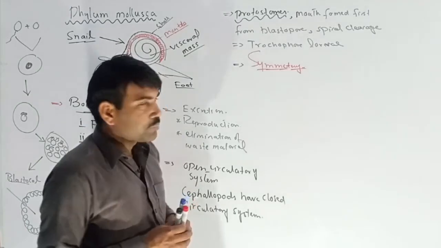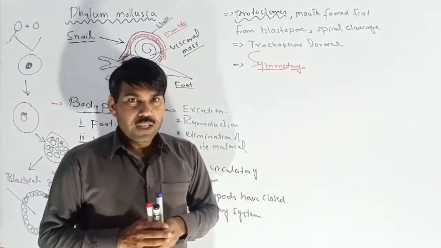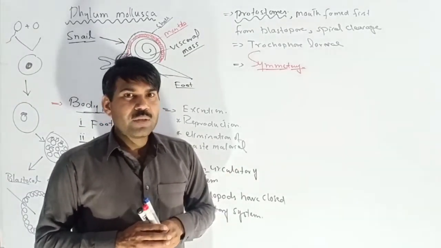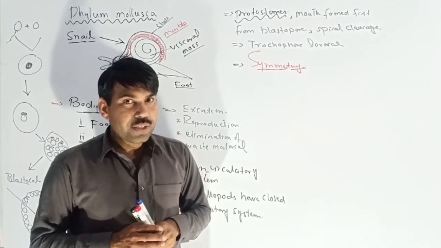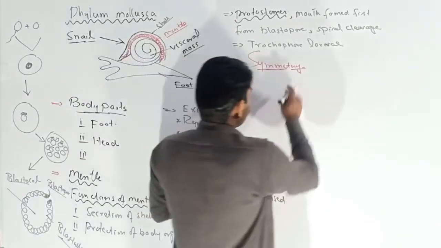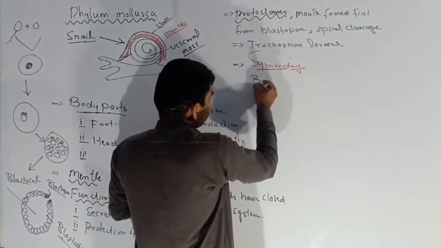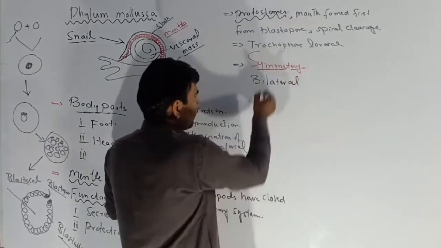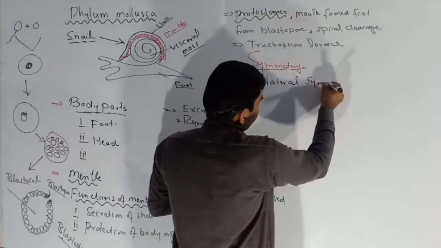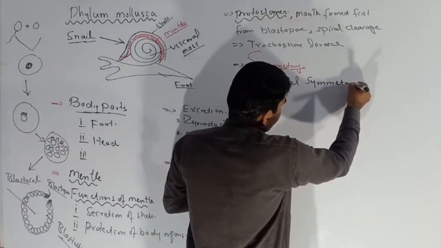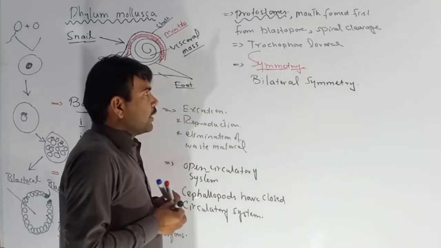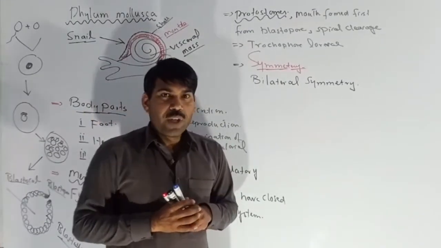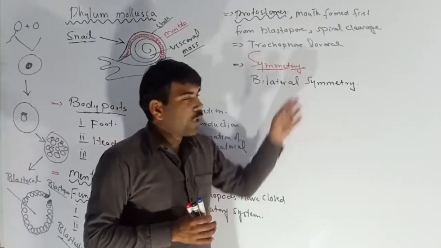Almost all the members of the phylum Mollusca are bilaterally symmetrical. So the symmetry in the members of the phylum Mollusca is bilateral symmetry.